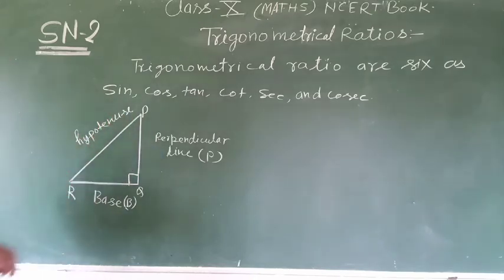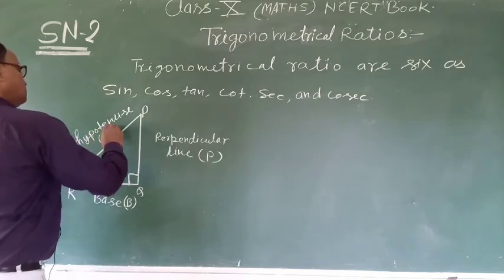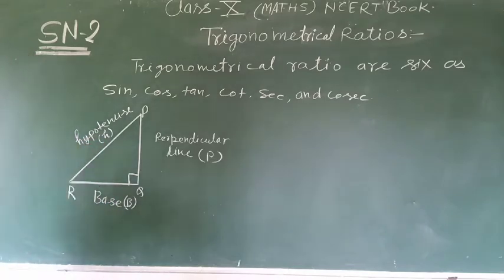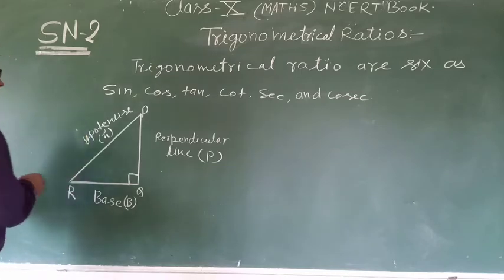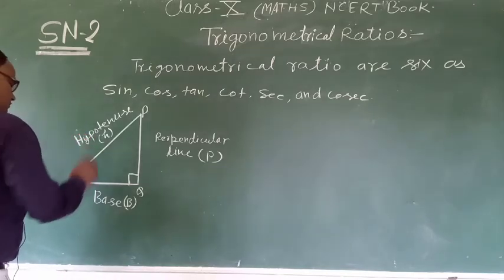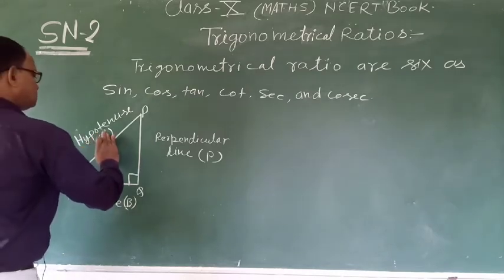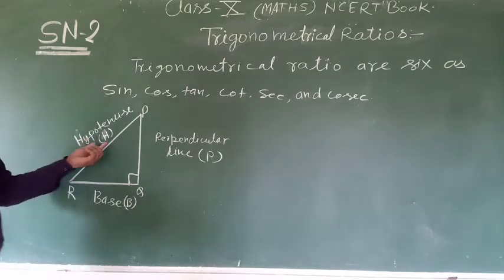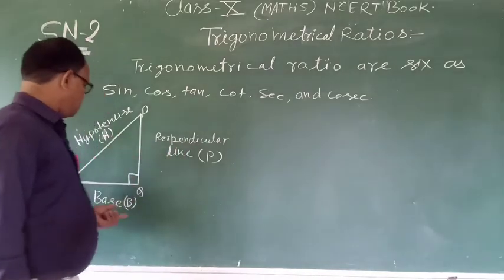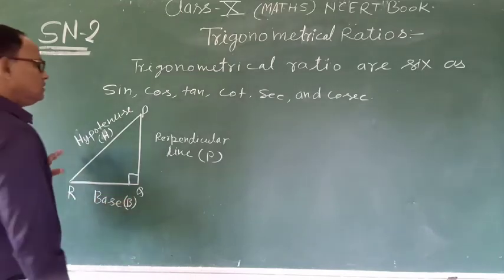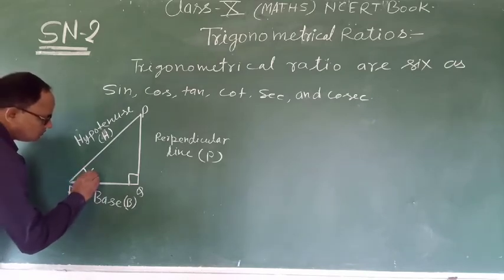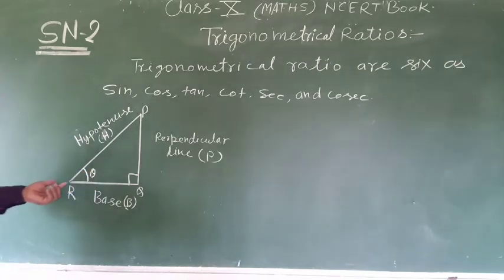It is written in shortcut H. So the hypotenuse, the perpendicular line PQ, and RQ is the base. And let this be angle theta.